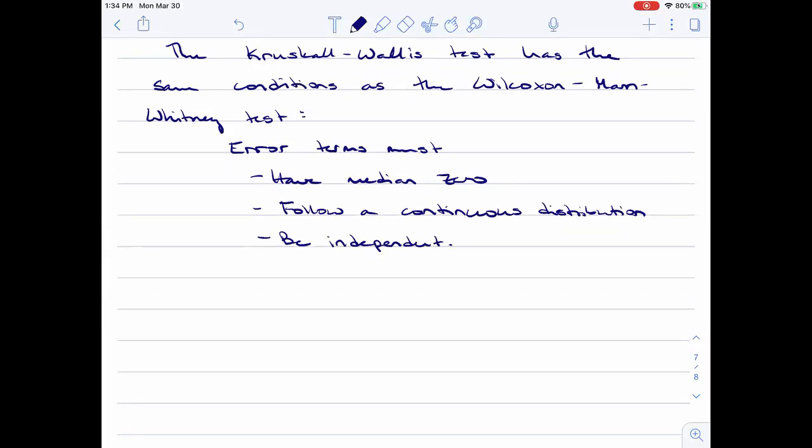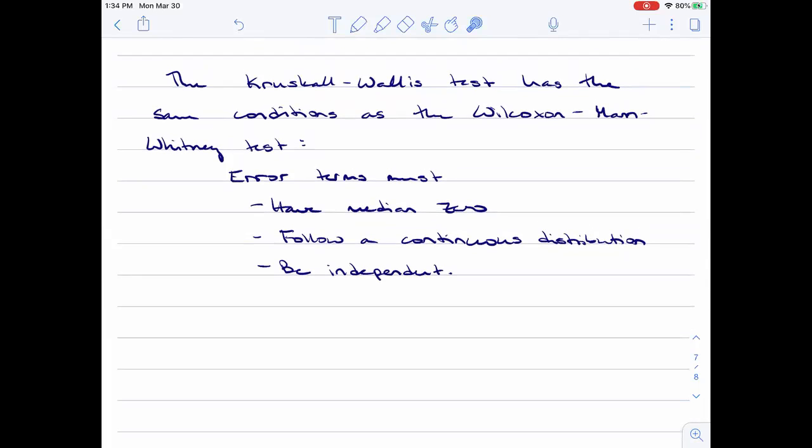One thing to keep in mind is that even though they just have to follow a continuous distribution, we're not putting any conditions on the shape of that distribution.